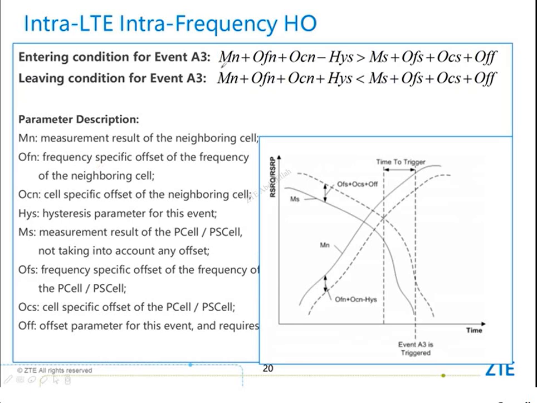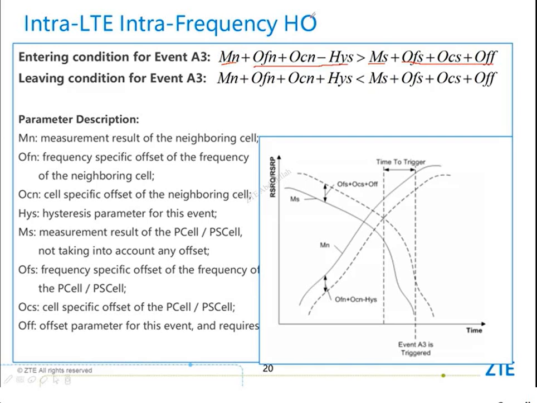Here, Mn means the neighbor cell's quality and Ms is the serving cell quality. But besides Mn and Ms, we also have some other parameters, right? These other parameters can control whether the handover happens early or late, easily or with difficulty.